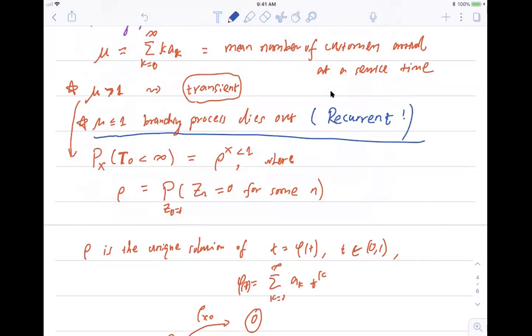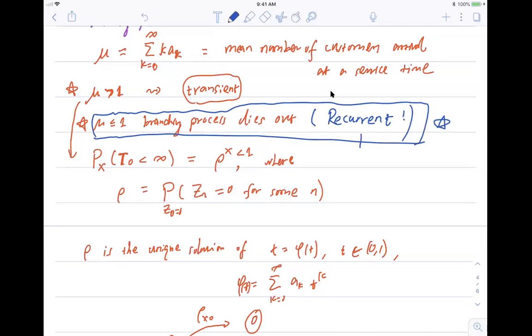Let me see. How to see that? Does anyone know how to explain this? It's very easy to explain, but do you know how to explain this?